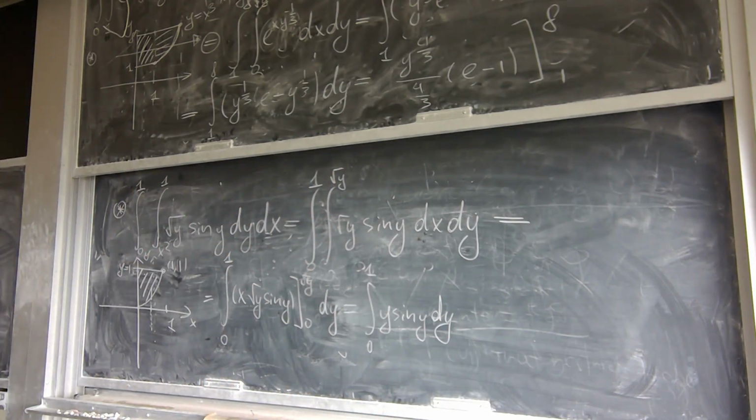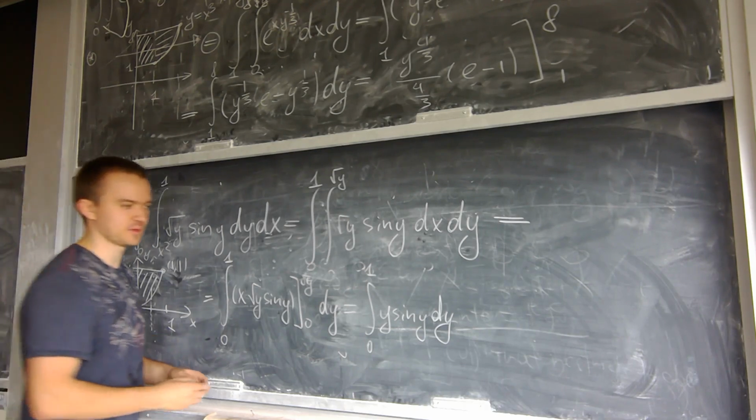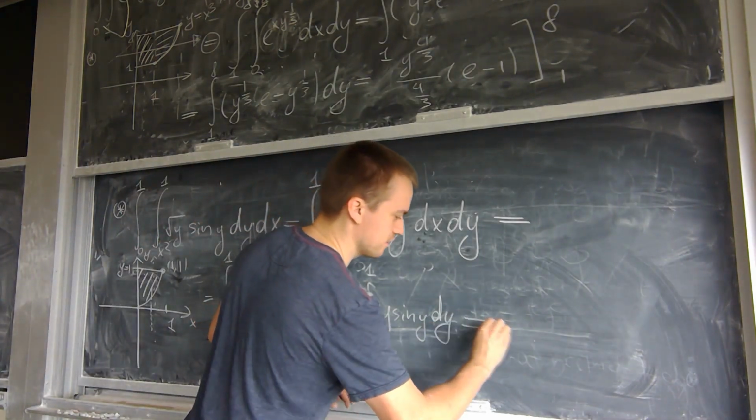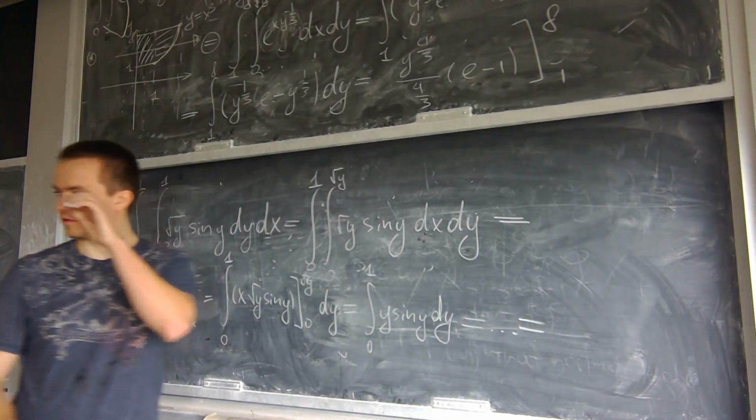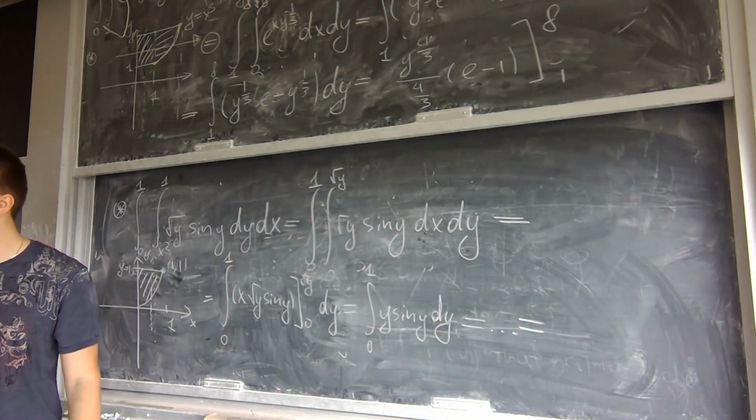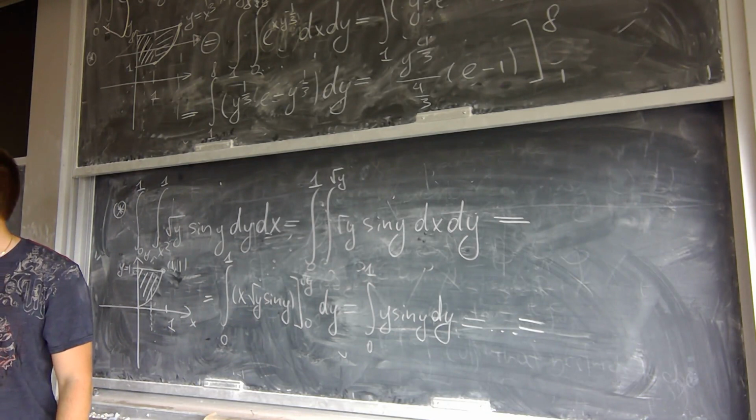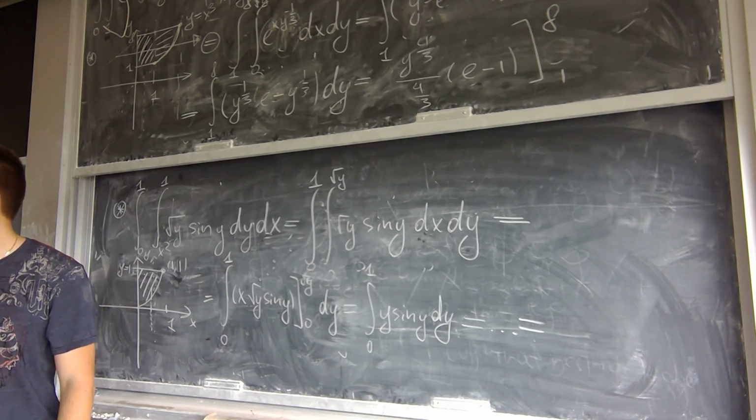Okay. Do you want me to remind you what integration by parts is? Are you okay? Okay, thumbs up if you want me to move on. So we skip integration by parts. Did anyone get the answer? Sine 1 minus cosine 1?